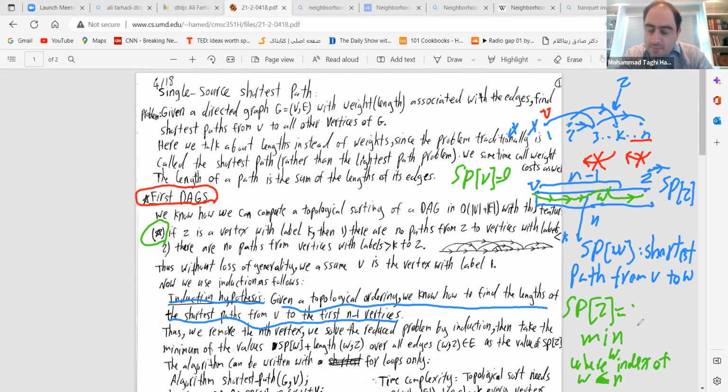Then this is the minimum. What would be the minimum? It would be SP of W plus the weight of W to Z.